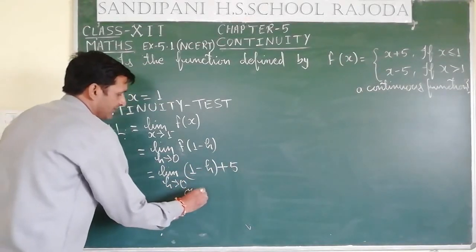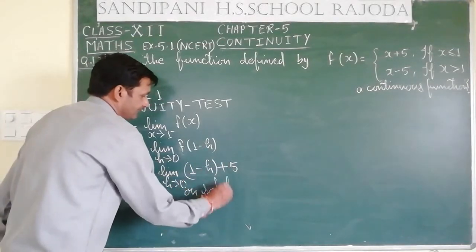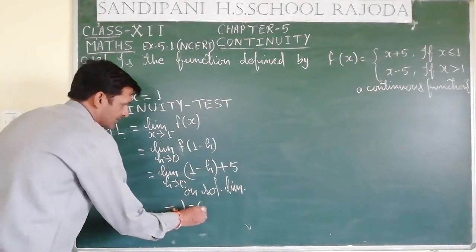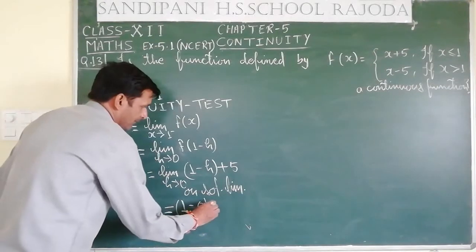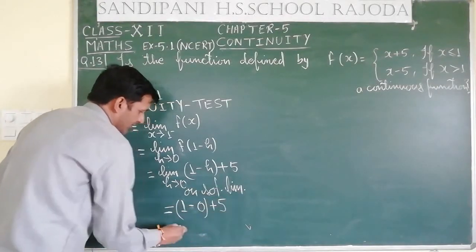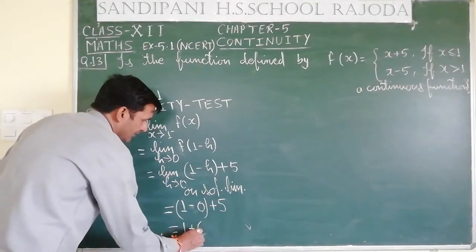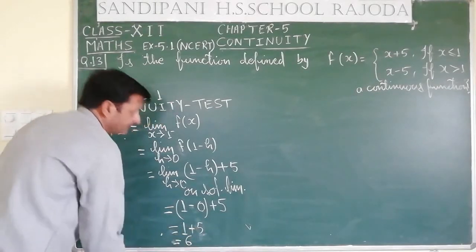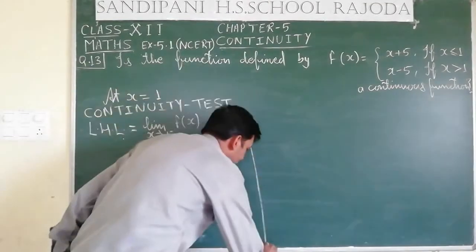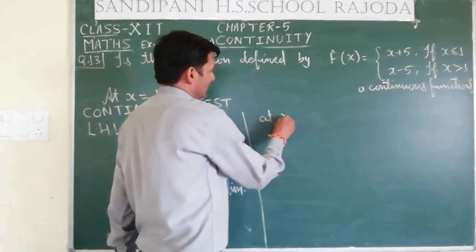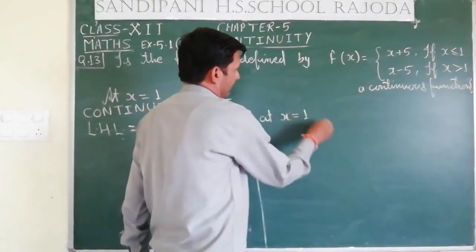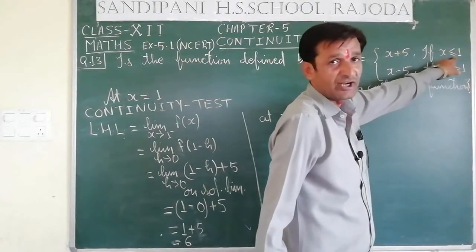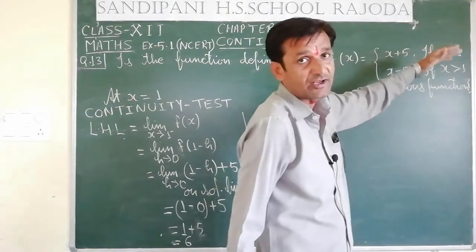On solving the limit, it will be 1 minus 0 plus 5, that is equal to 1 plus 5, or we can say 6. At x is equal to 1, the equal sign is also mentioned in that part of the function, which is our first part.